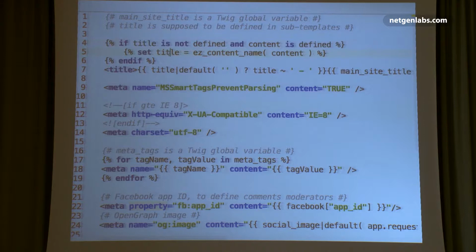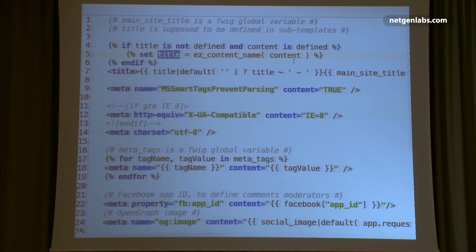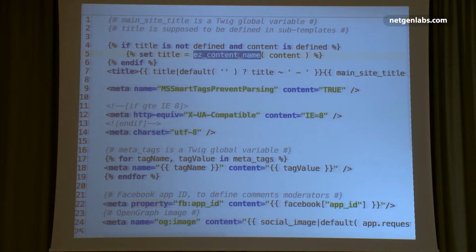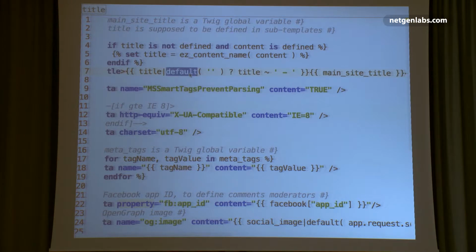Then I just set the title to the base name of the content. Ibexa content name is using translations as well. And that's all. But if it's present, we ignore this, we just fill content with it. And it's falling back to an empty string and the main site title.